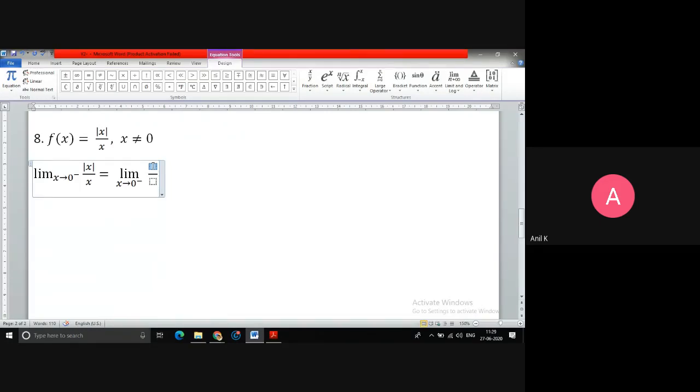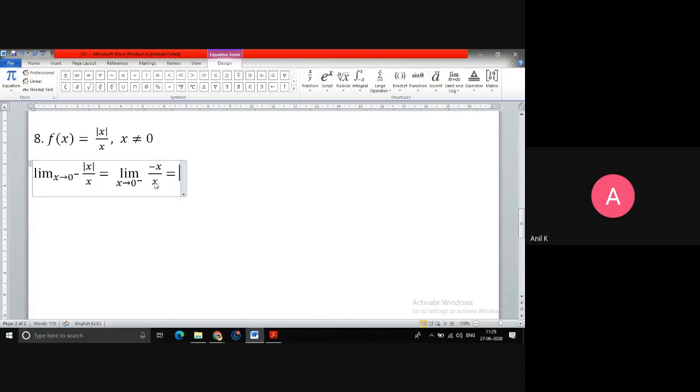What your modulus definition says: if x is less than 0, mod x equals minus x. So according to the definition, here you are going to get minus x, because I am going for left of 0, all are negative numbers, that is x is less than 0. According to the definition of modulus function, mod x is going to be minus x, and the denominator x will remain the same.